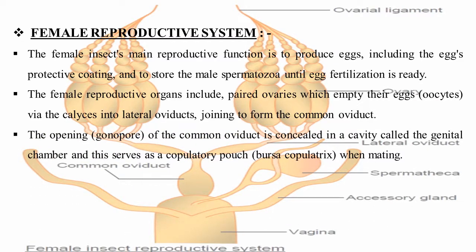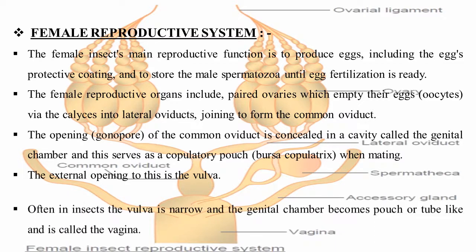The opening, the gonopore, of the common oviduct is concealed in a cavity called the genital chamber, which serves as a copulatory pouch, the bursa copulatrix. In the mating process, the copulatory pouch and the genital chamber are important in the female. The external opening to this is the vulva.